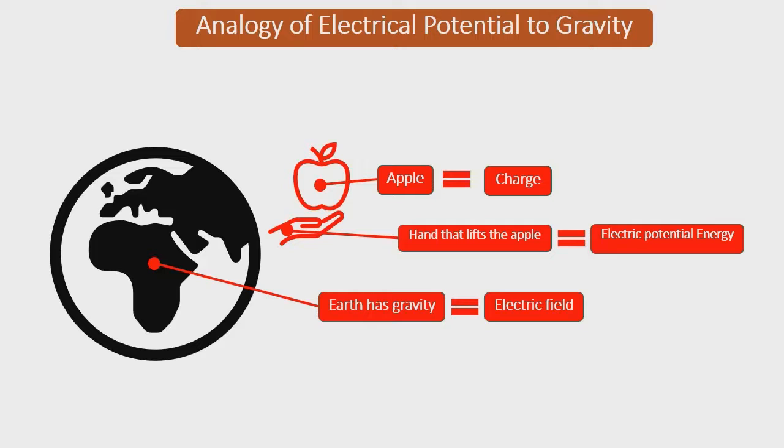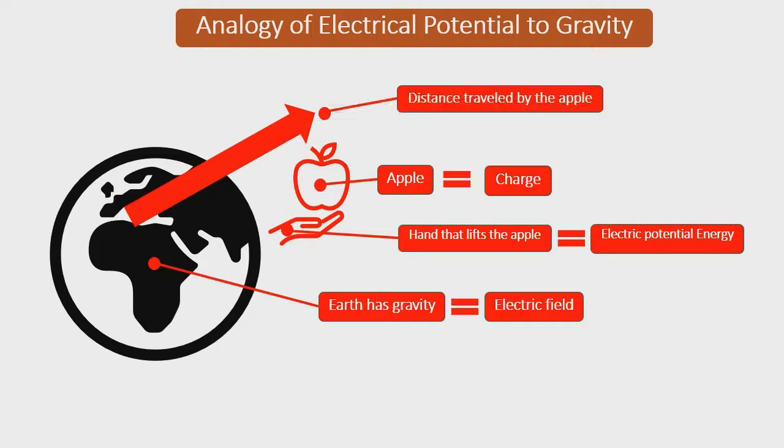So that is the energy that will carry that charge in that particular electric field. And so the difference between the original position and the new position will be the distance traveled by that apple, which is also analogous to our electrical potential difference. And that height is now called voltage.